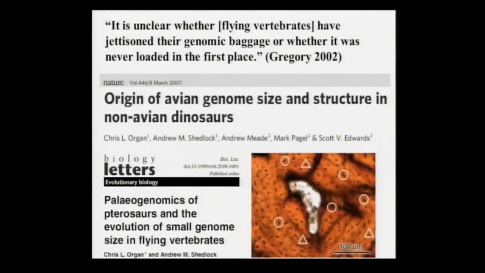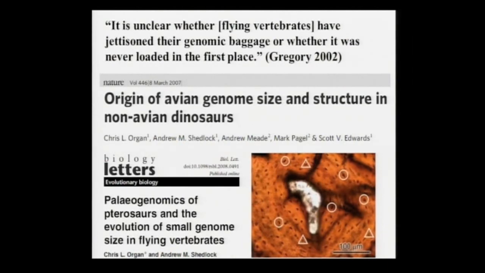So we don't know, just from that observation, whether flying vertebrates got smaller genomes, they jettisoned genomic baggage, as I said, or whether they just never had big genomes, they just stayed small. It's difficult to answer a question like that using only observations of living species. So the way you go about it, some colleagues at Harvard have gone about it, is to look at fossils.